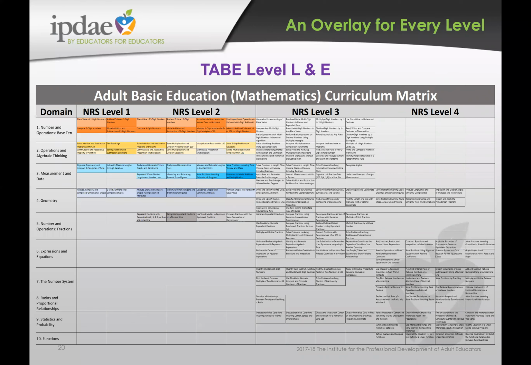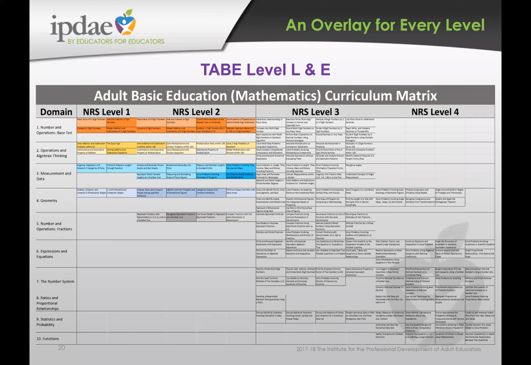So let me show you that I created 5 different overlays, because not everybody teaches multi-level classes. Let's say, for example, I only teach level 1 ABE or level 1 and 2. Well, this is your level 1 and 2, which corresponds to your TABE level L and E blueprints.